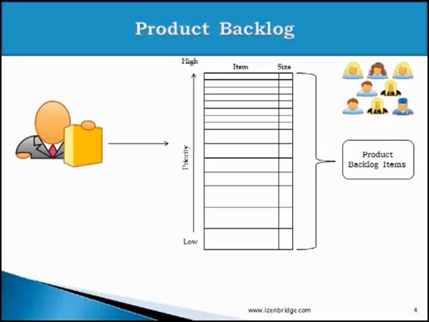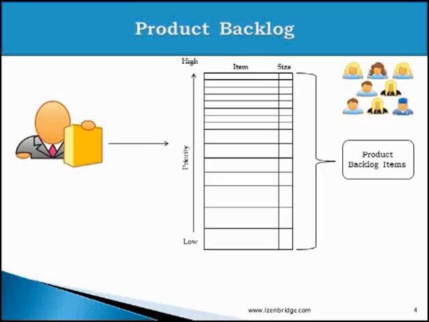So it's an ordered list where the high priority product backlog items come on the top, and the low priority items fall at the bottom of the product backlog. The list items in the product backlog are called product backlog items. Now, product backlog is a common denominator between the development team and the product owner.